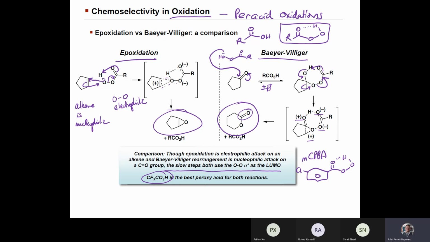Trifluoro peracetic acid is actually the best reagent. Unfortunately, it is the best reagent for both of these reactions.